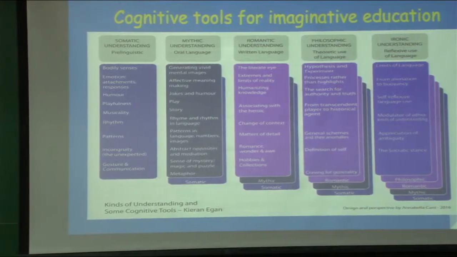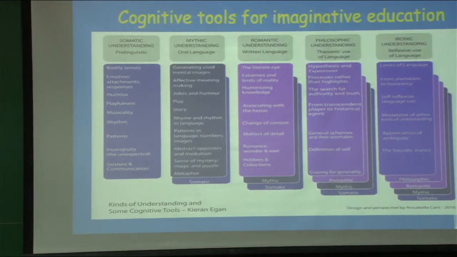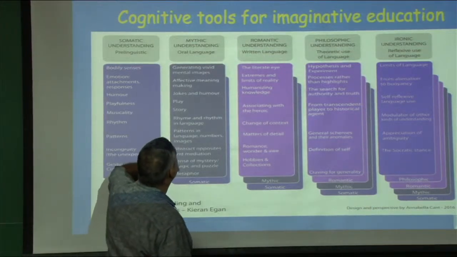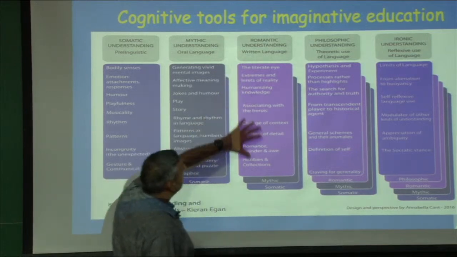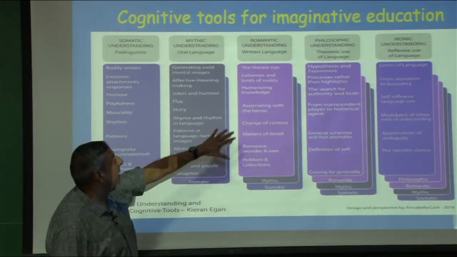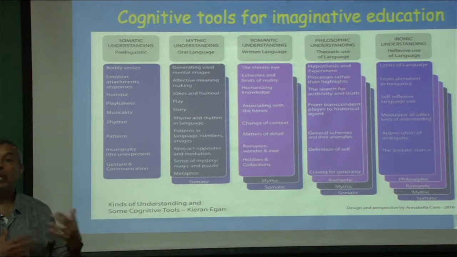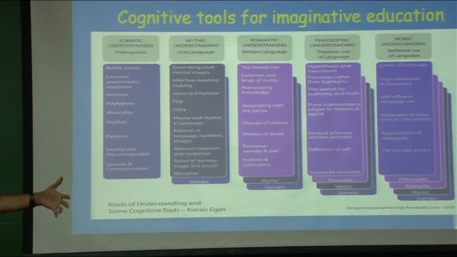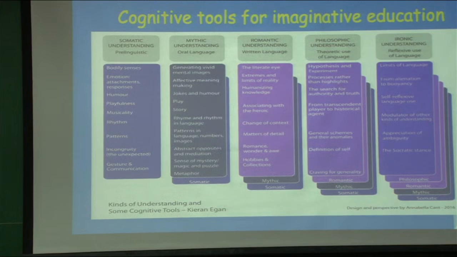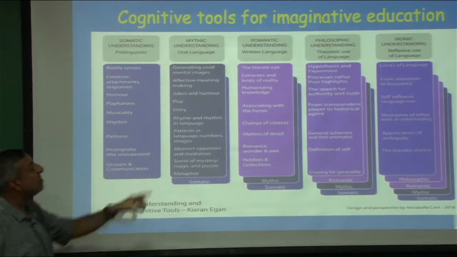So once you have those written symbols, then you can start actually learning about things which aren't in front of you, right? And there you have these kinds of things that kids seem to be attuned to. They like these kinds of ways of relating to the world, and so you can tap into that.